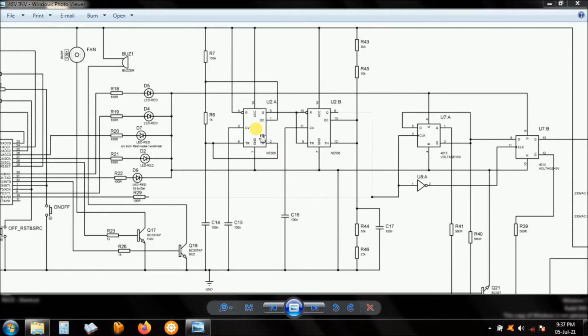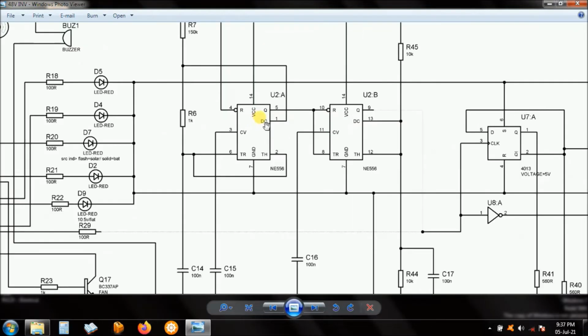I think the literature is there on the internet. It gives you low pulses at 100 Hz, which means you just have output pin number 5 going low for a very short time, and it is fed to the next 555 timer, which is part of the same IC, or you can have them as two separate ICs, no problem with that.